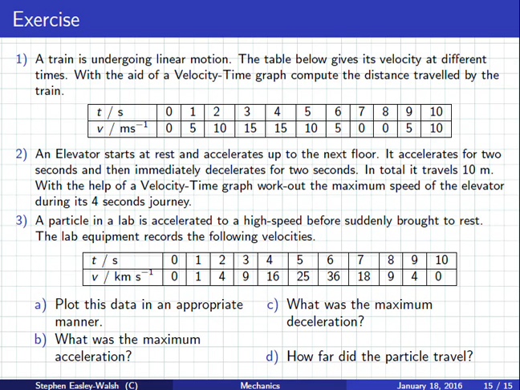Okay, so I'll call this one A2. How big is this here? 15. And how big is this part? 3. Now we have to put a minus because it's going down. It's 15 height and 3 base. So that's equal to minus 5 meters per second squared.